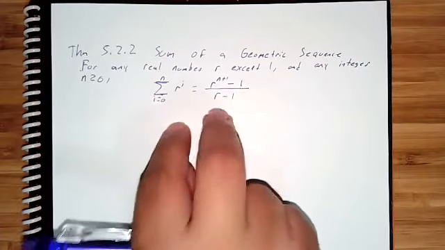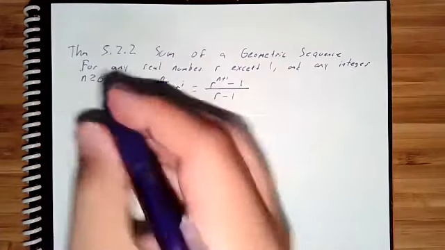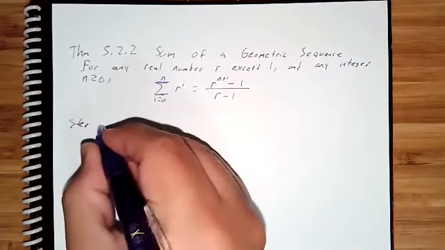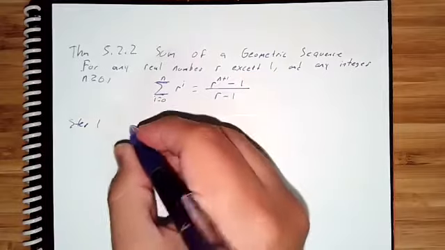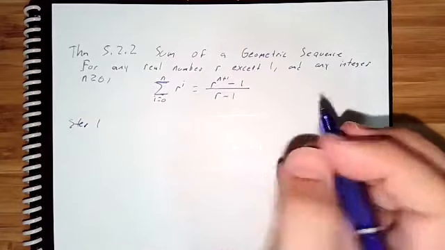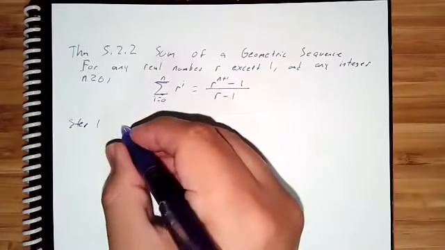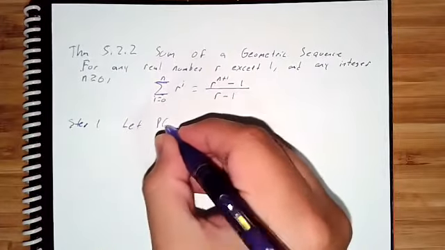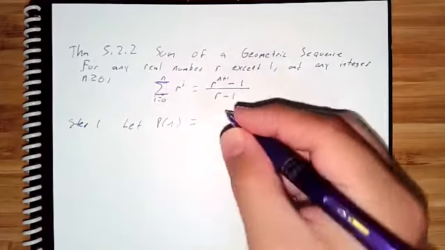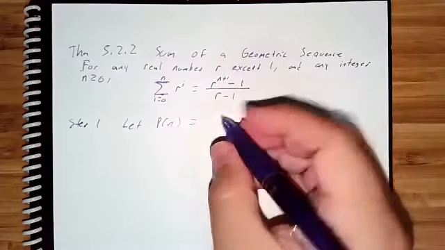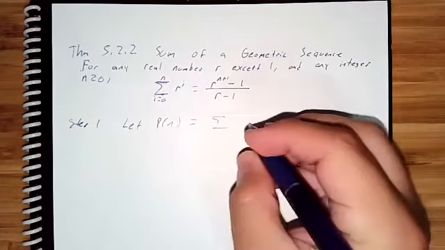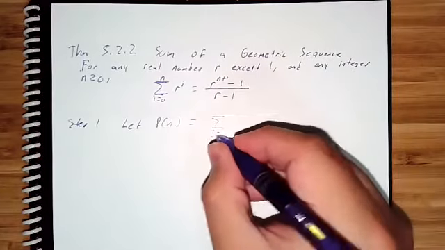We're using mathematical induction. Okay, so step 1, right? I can't use 1 like usual. So I'm going to show that. Well, first let's say let P of n equal this guy here. I gotta name it, right?